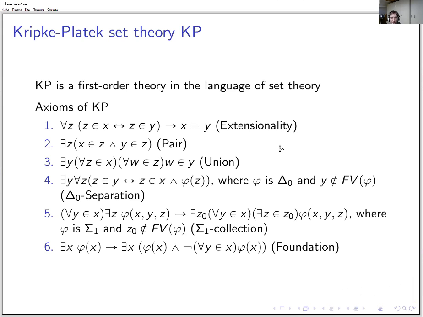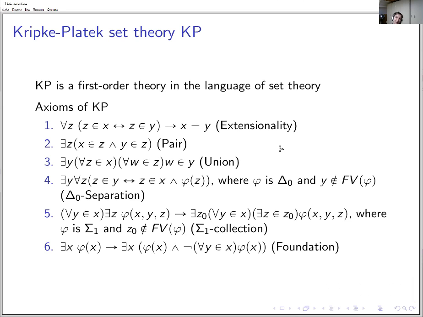What is important is that we have the axiom of delta zero separation. This is different from Zermelo-Fraenkel set theory, where you have the unrestricted scheme of separation. Here, separation is restricted just to delta zero formulas. It's very natural, because any delta zero predicate will be computable under our idea of what our notion of computation should be.